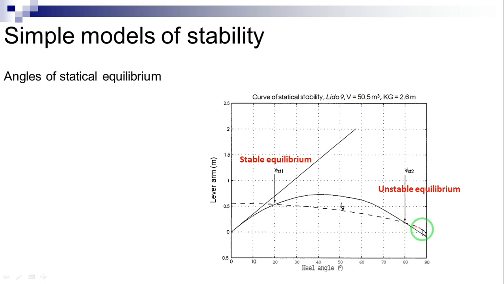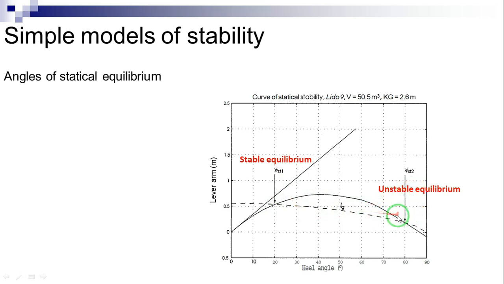If the perturbation inclines the ship toward port, after its disappearance the righting arm will be larger than the heeling arm, and the ship will incline toward port, regaining equilibrium at the first static angle phi st1. We conclude that the second static angle phi st2 corresponds to a position of unstable equilibrium.